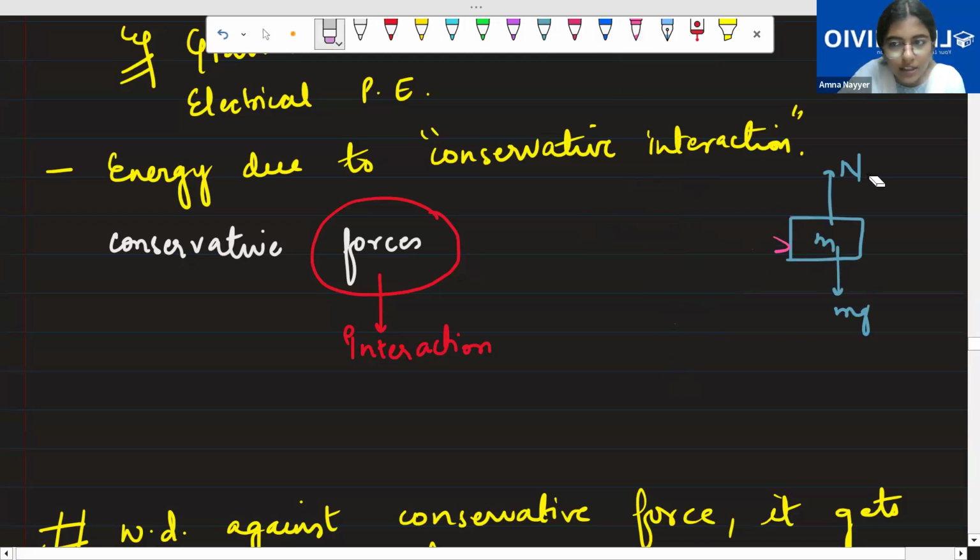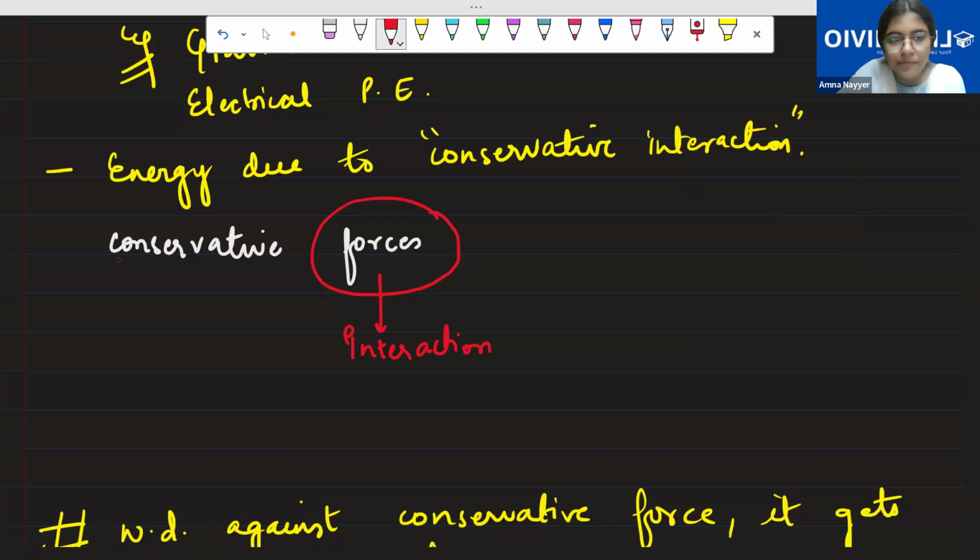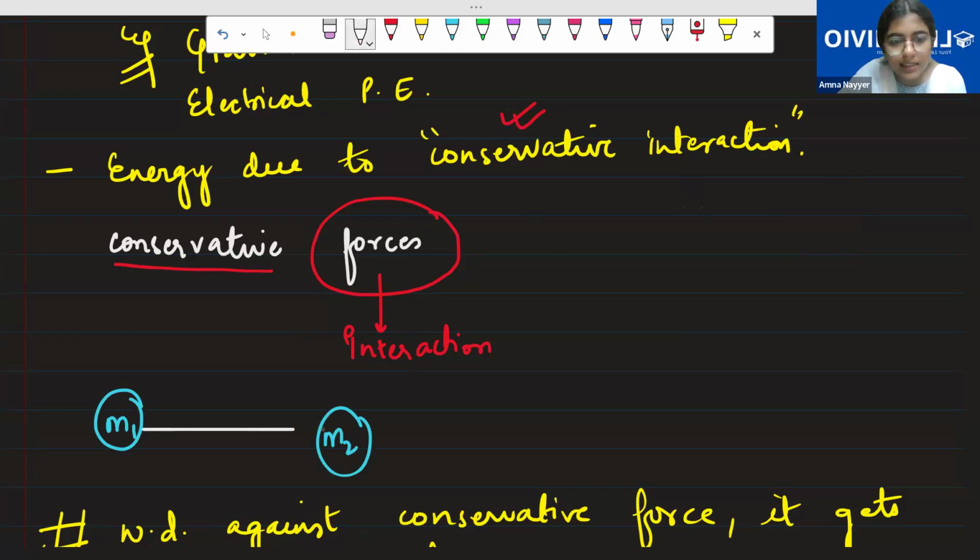For potential energy, you just see one thing: conservative interaction. Conservative stands for conservative forces, and interaction means both sides are able to exert forces. Like if m1 is one mass and m2 is another mass, separated by a distance of r, they both will be able to exert force on each other, F1 and F2.